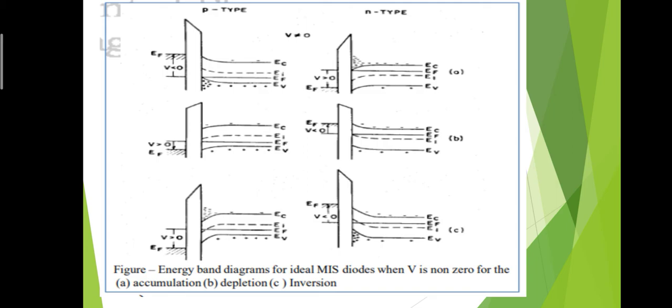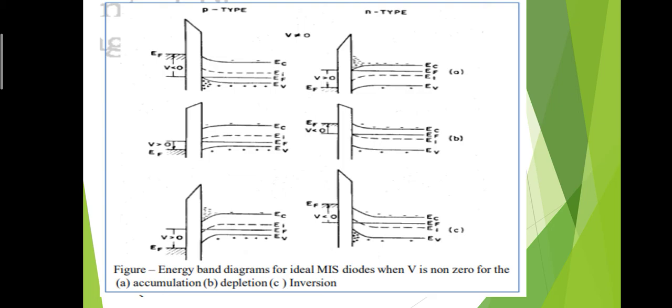But in the inversion stage, the band bending for the p-type material is in the downward direction. Again same, but with more band bending because more voltage is applied. Here also the criterion is the same for the inversion stage, but the bending takes place more as compared to the depletion because the voltage applied is more.